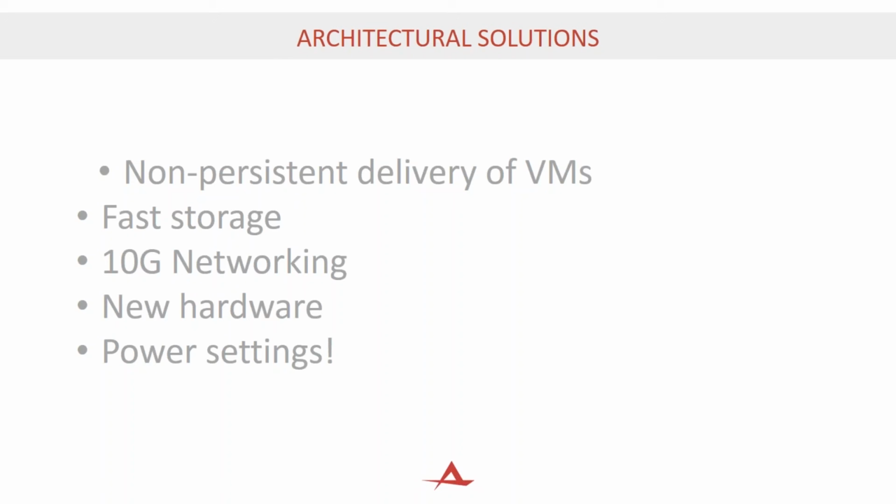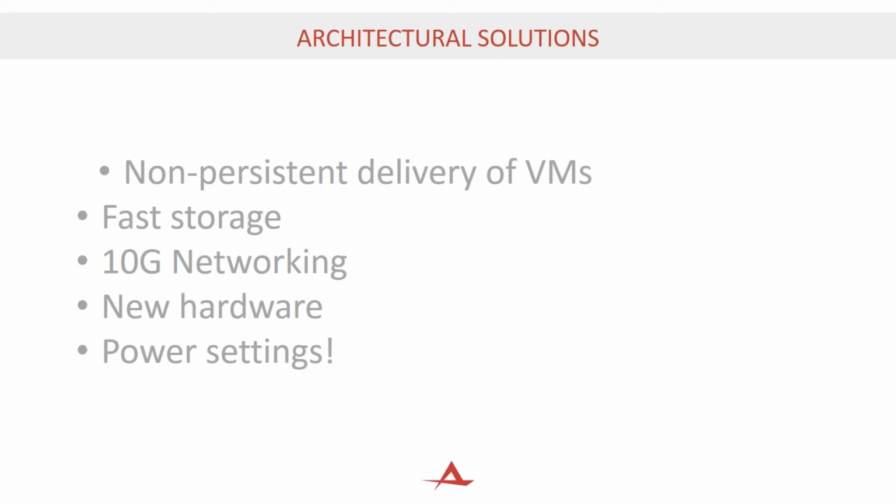New hardware. It sounds silly, but the difference between a G7 and a G9 is massive. You're looking at about a 40% increase in user experience when you go a couple of steps up, even with the same processor clock speed and the same amount of RAM, if you can afford it.